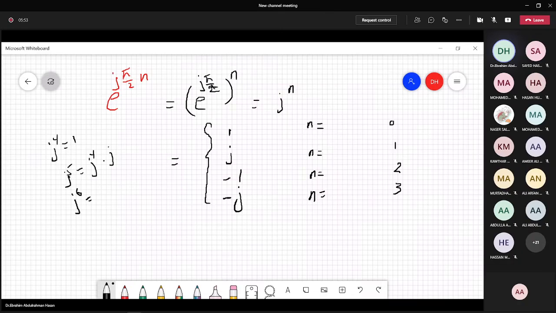And j to 6 equals j to 4 multiplied by j squared, so then it is j squared, which is -1. So here, if it is equal to 4, then this is 5, 6, 7, and 8, 9, 10, 11, and so on.